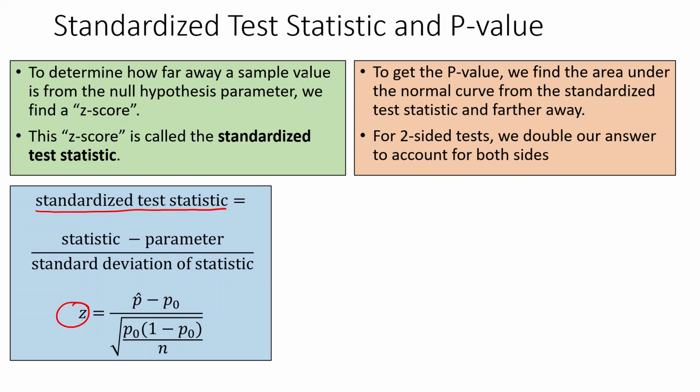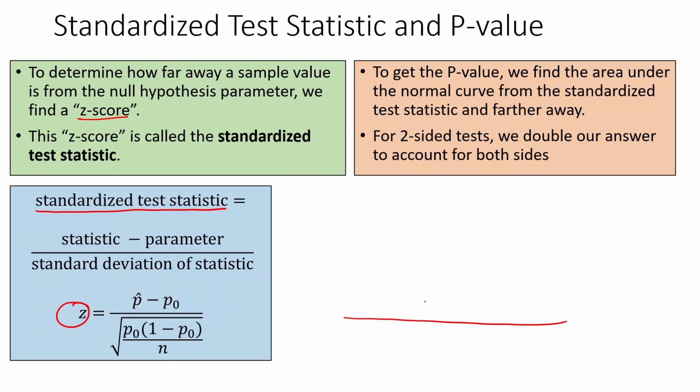So we determine how far away a sample value is from the null hypothesis. We find a z-score. This z-score is called the standardized test statistic. To get the p-value, we find the area under the normal curve from the standardized test statistic and farther away. For a two-sided test, we double our answer.